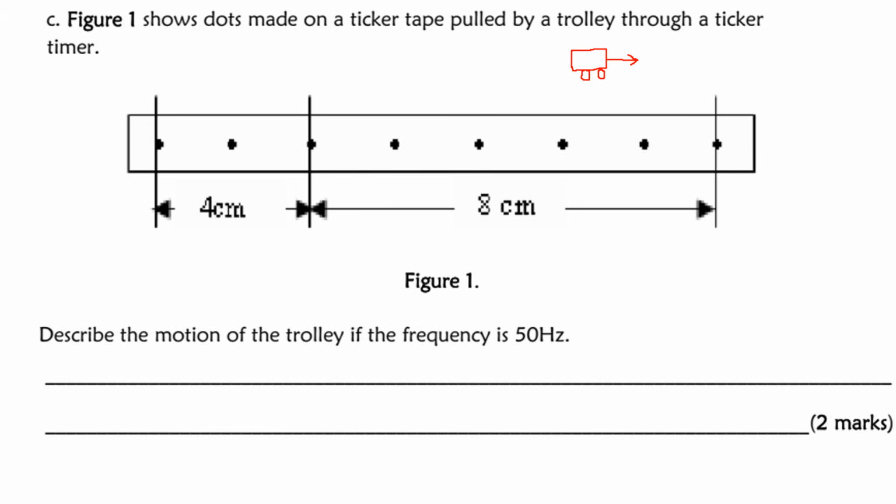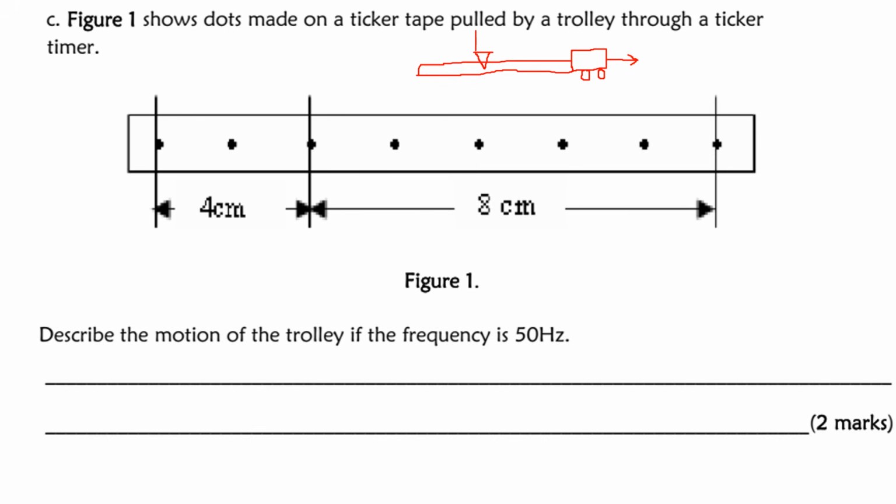Attached to the trolley is a paper which is called the ticker tape. And the paper is passed through an object called the ticker timer.